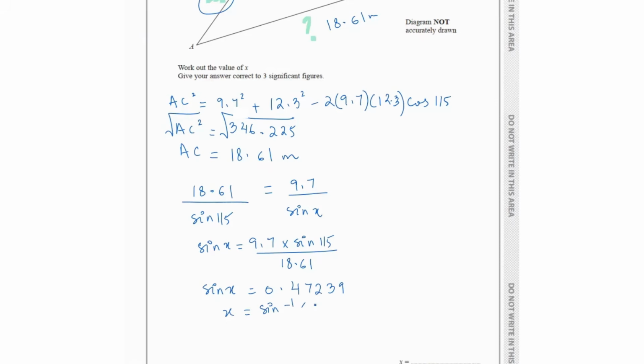Whenever you take sine on the other side, it becomes sine inverse. You don't divide it by sine, it will be sine inverse. So that's going to be 28.19. They want the answer correct to three significant figures, so that's going to be 28.2 degrees. That is the value of angle x.